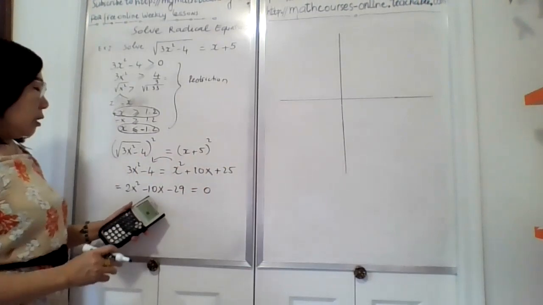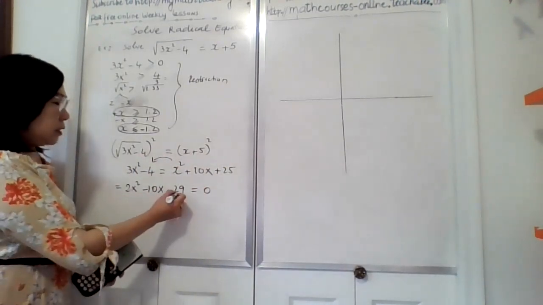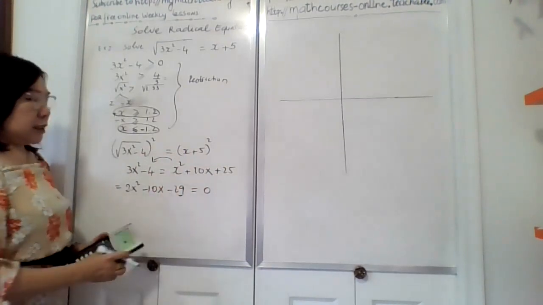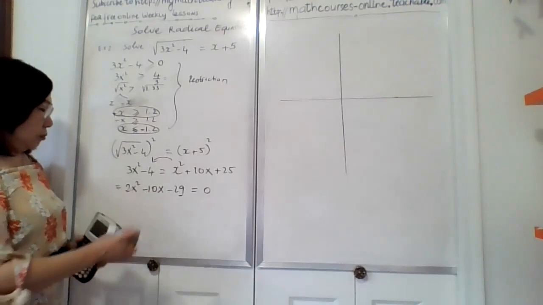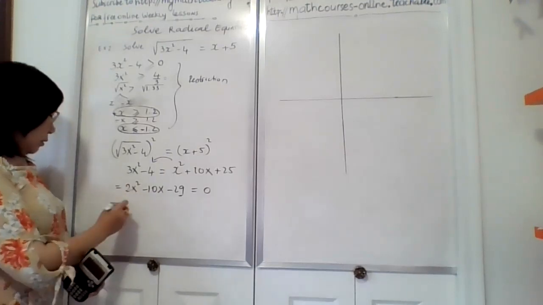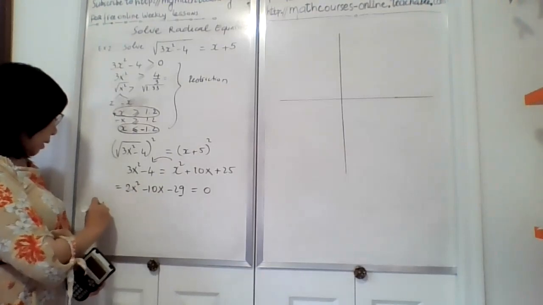Now, this is an unfactorable expression because 29 is a prime number, right? You cannot factor it. So we're going to use a formula. Let me review a formula a little bit for you. I know some of you might know it.